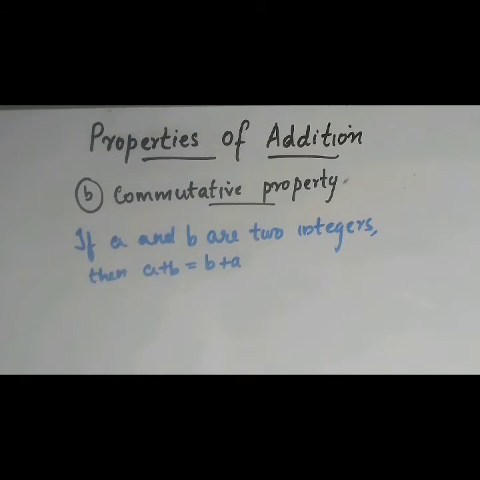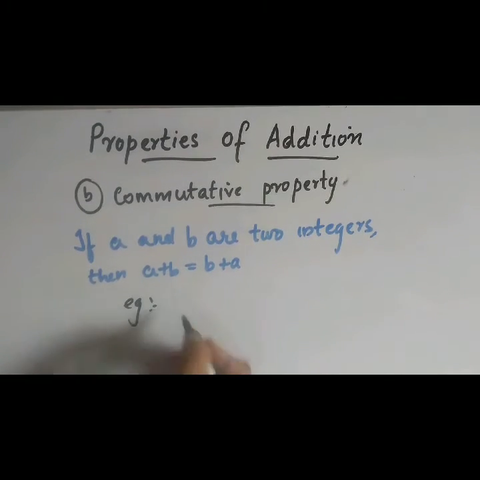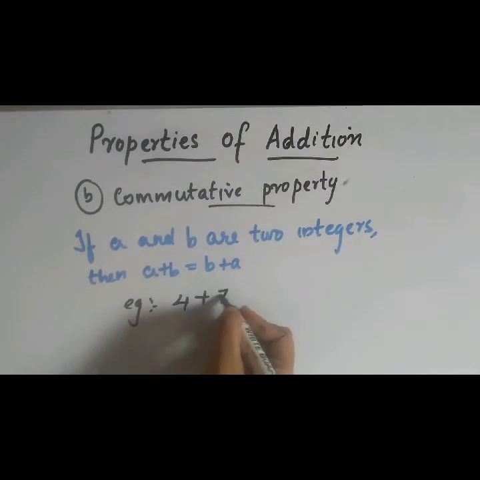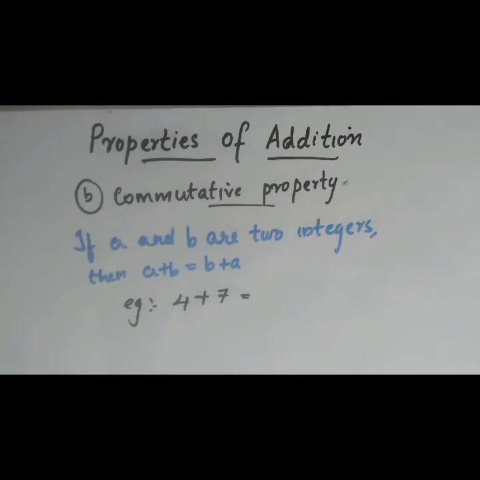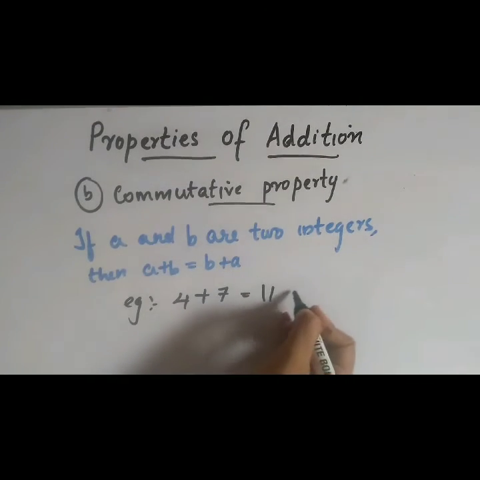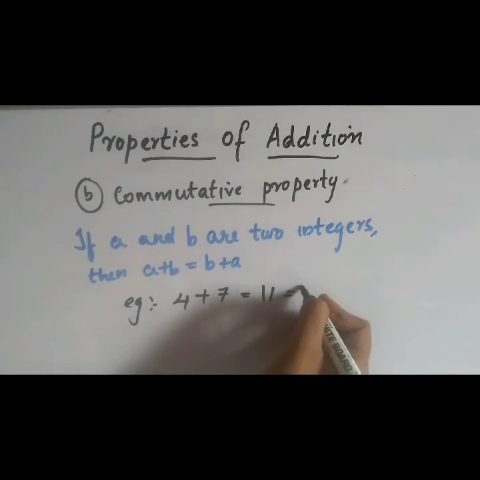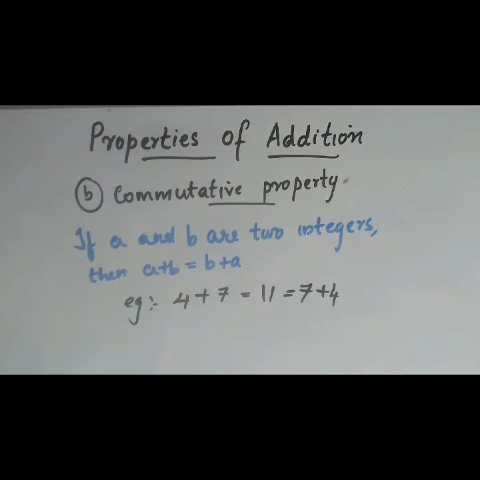Properties of addition. The second property is the commutative property. What does it say? If a and b are two integers, then a plus b is equal to b plus a. Let's have a look at an example. 4 plus 7 is equal to 11, which is also equal to 7 plus 4.